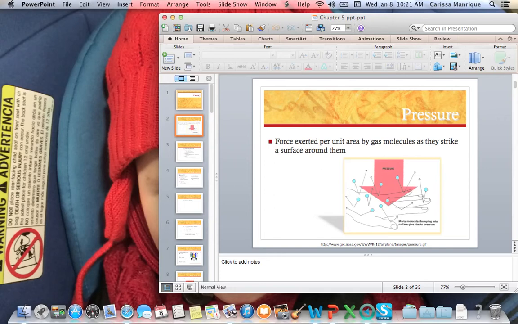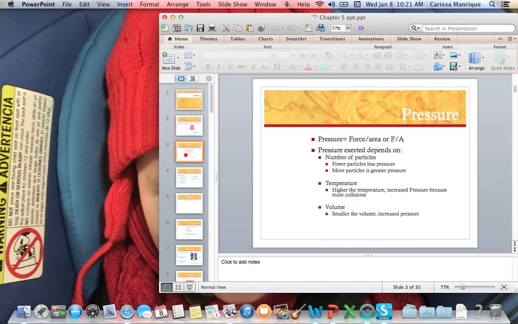Basically, if you put a gas molecule in a container, every time it hits the container, it exerts a force, and that force is called pressure. So anytime a gas molecule bumps into something, it causes pressure. And it's per unit area.